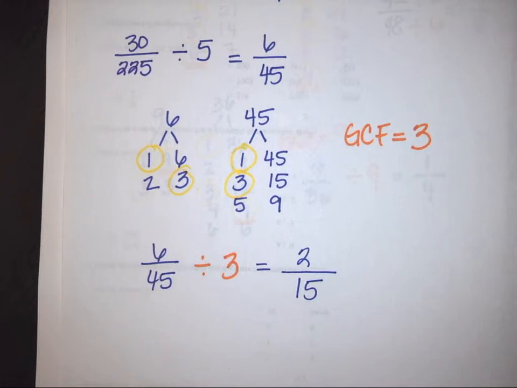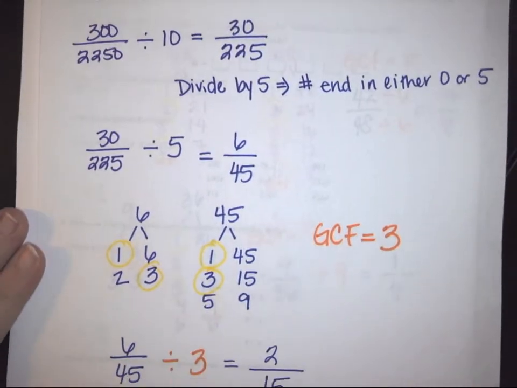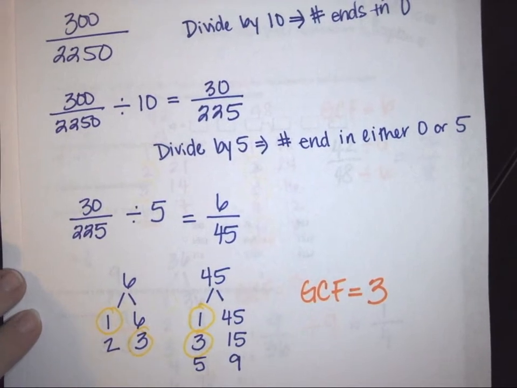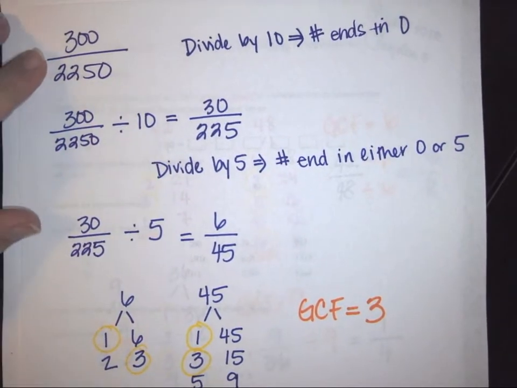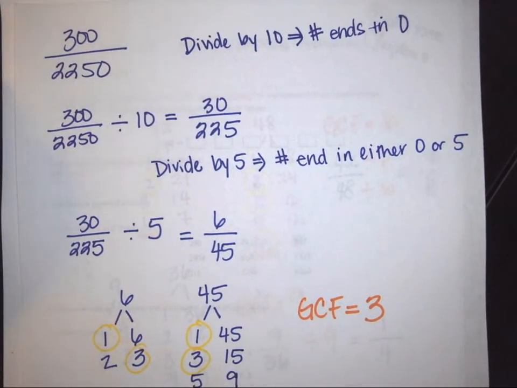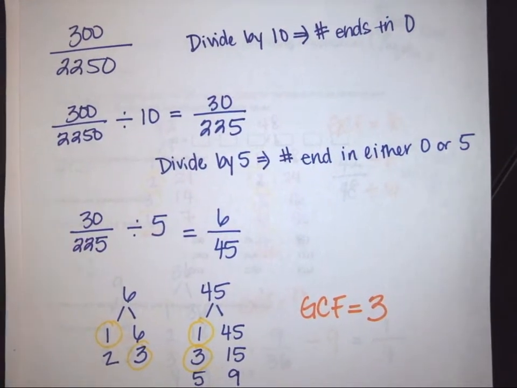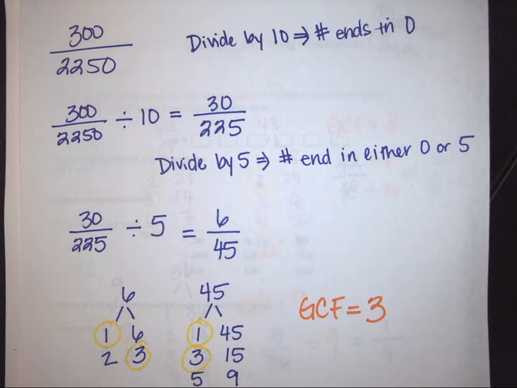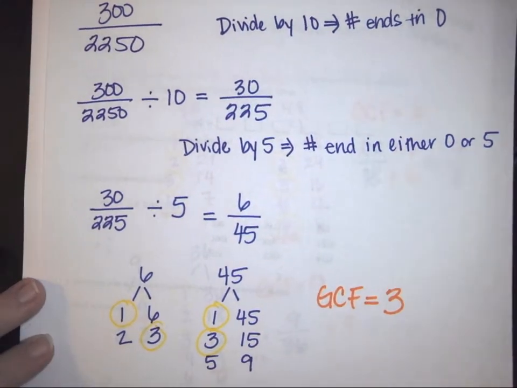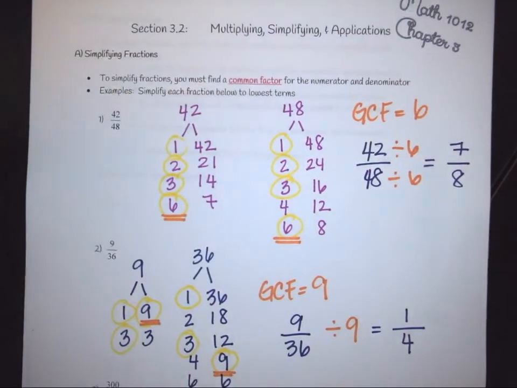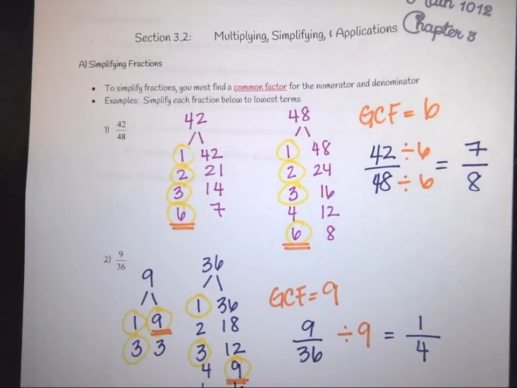Okay. So this one here would be an example of taking a fraction and dividing simply by something common, not necessarily by the greatest common factor. Okay? So as you can see, it works either way. It just depends on how many steps you want to accomplish. Okay?